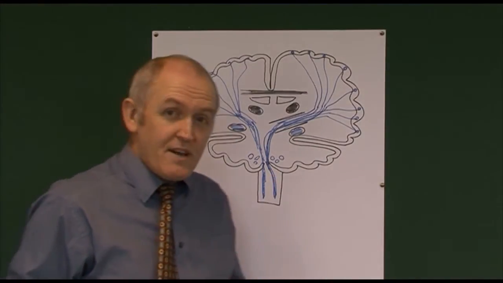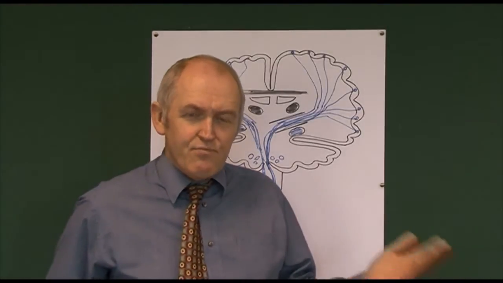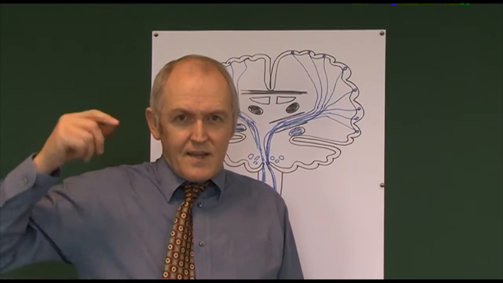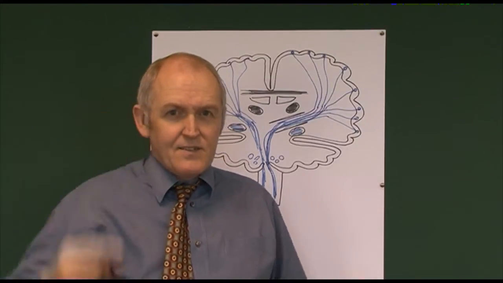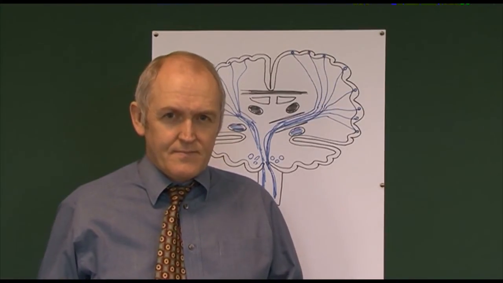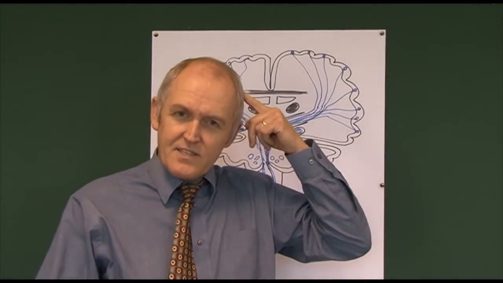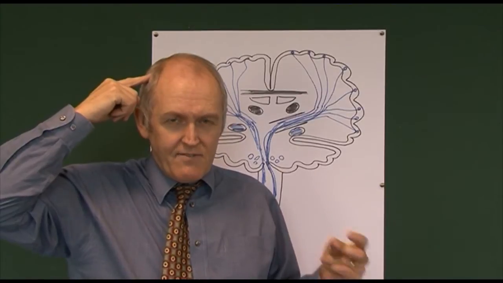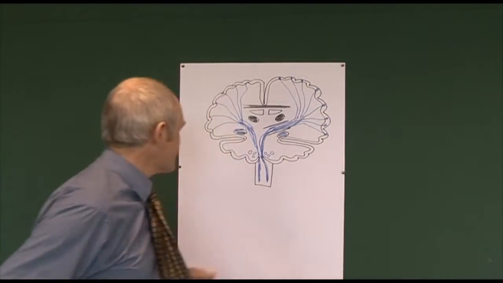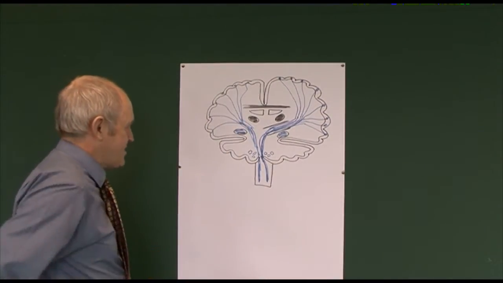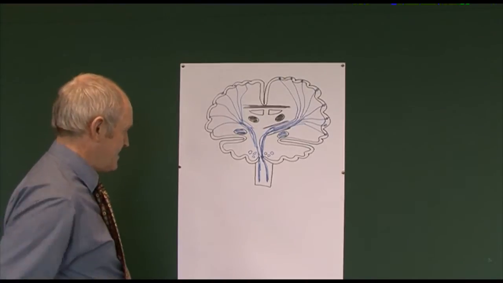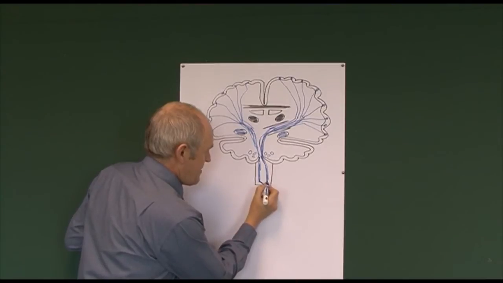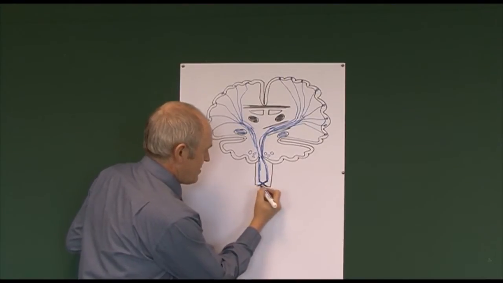But as you know already, it's the left-hand side of the brain that controls the right-hand side of the body, and the right-hand side of the brain that controls the left-hand side of the body. And these fibres actually, to facilitate this, cross over just above the level of the medulla oblongata.